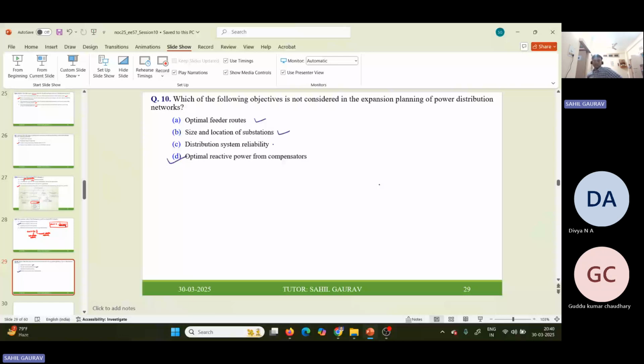I just want to ask you one question. If you can answer, what is the difference between the aim of power distribution planning and power distribution reconfiguration?